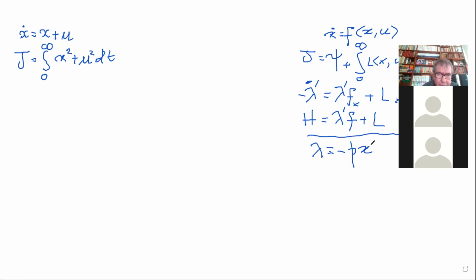Okay, so this is a special assumption. This is what you do in the LQ problem, in your quadratic problem. f_x, L_x.